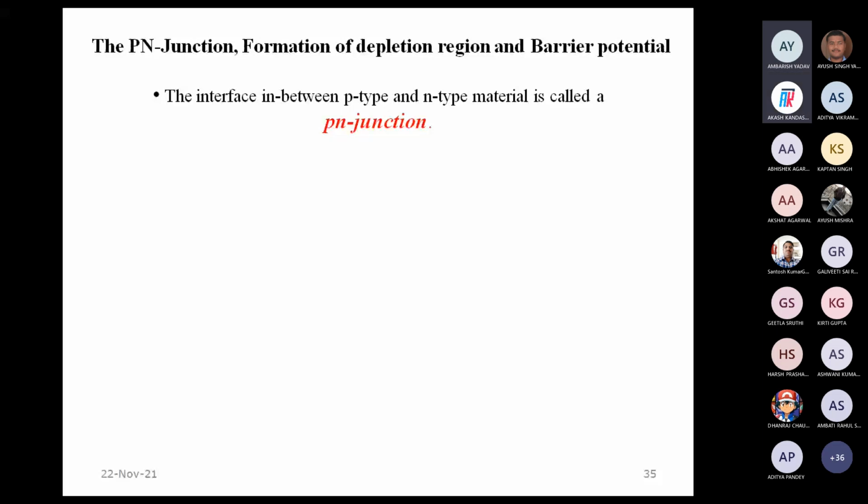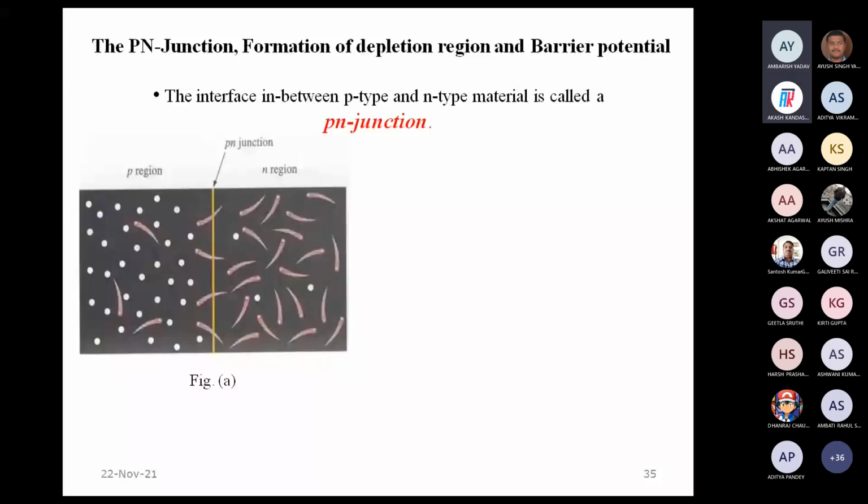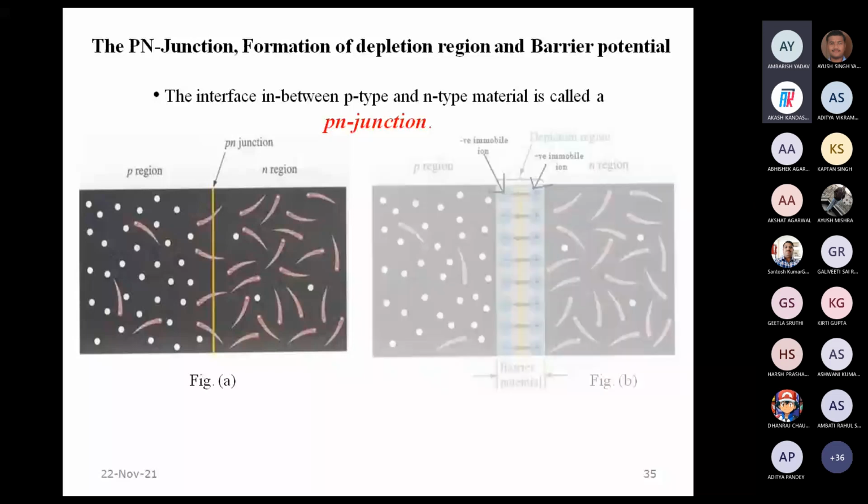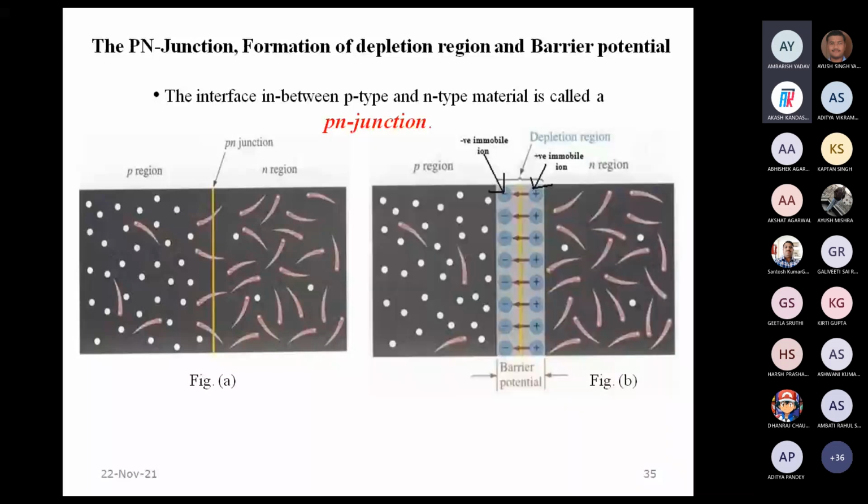The interface between p and n type material is called the p-n junction, and in the middle we have the depletion region. Across this depletion region, we have a potential difference, which gives rise to something called a potential barrier. That tends to stop the flow of the charge carriers across it.